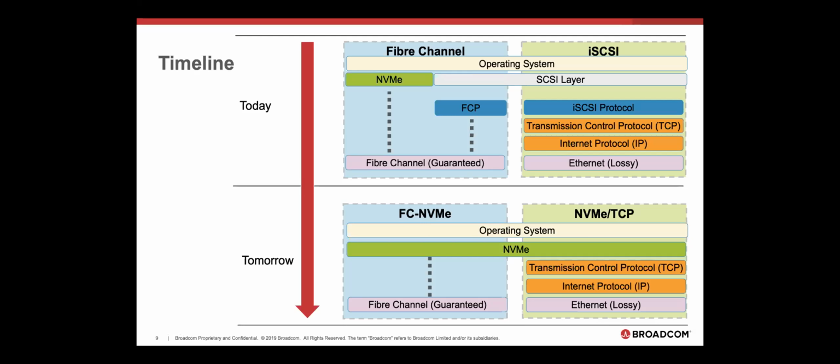Of course, SCSI is not going to go away for your existing deployments. At some point, we're going to see NVMe over TCP, probably in the same fashion as we've seen iSCSI apply in the enterprise.